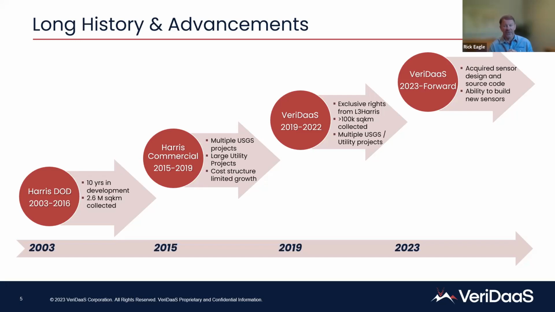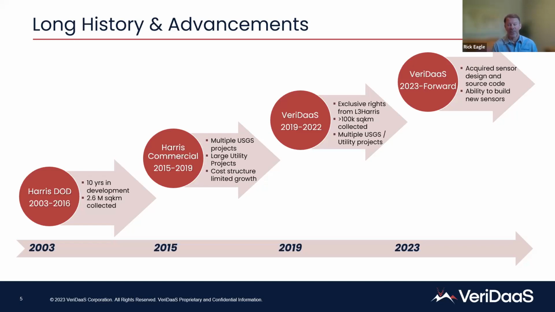We've now collected over 100,000 square miles of data ourselves. We've done multiple USGS projects, and we work quite a bit with public utilities collecting data for them. We're really excited that just this year, we were able to get additional intellectual property rights from Harris. That enables us to improve certain things with the way the data is processed.